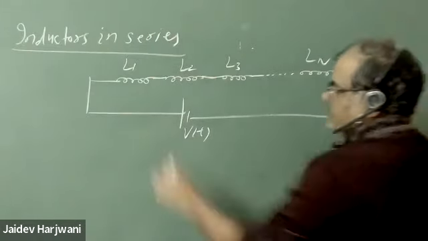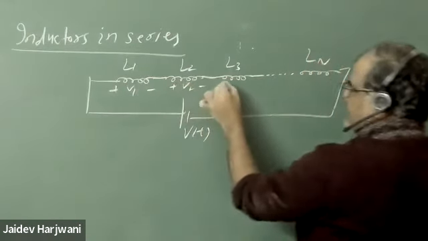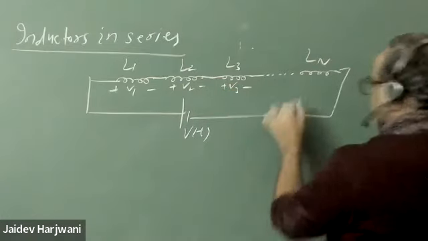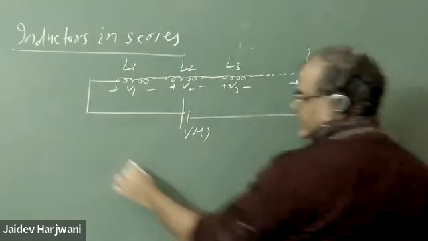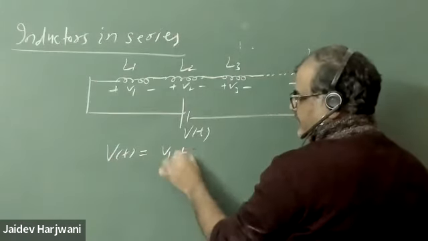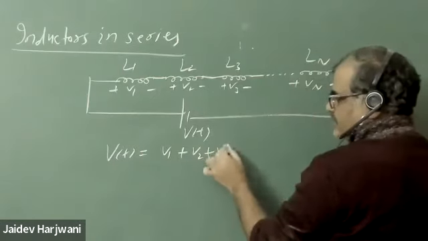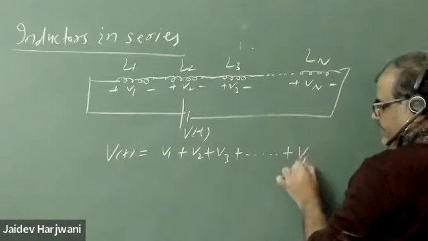So I know the voltages here will be V1, V2, V3, and Vn. So I can write Vt will be V1 plus V2 plus V3 plus Vn.